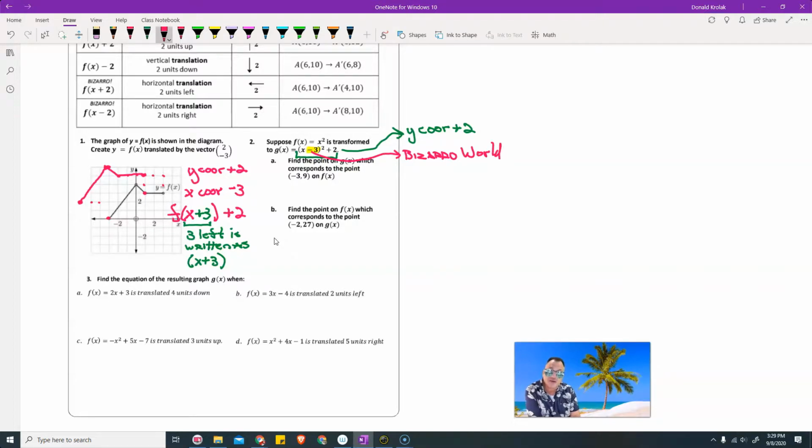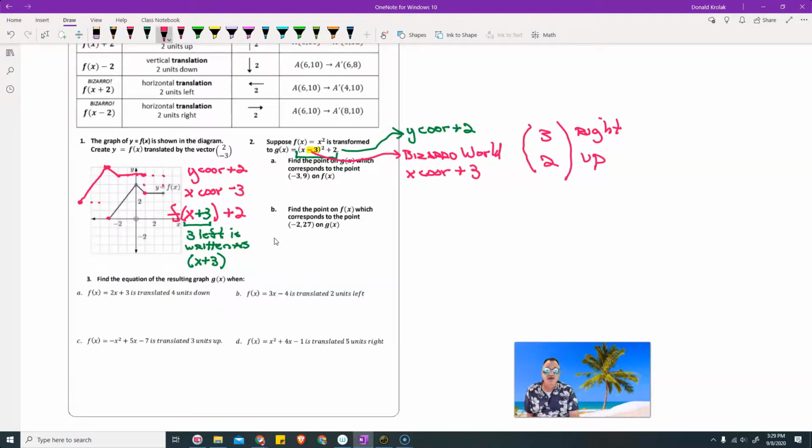And what I'm going to do is take the x coordinates and add 3. So what this movement is, this as a vector would be 3, 2. 3 right, okay, 2 up.